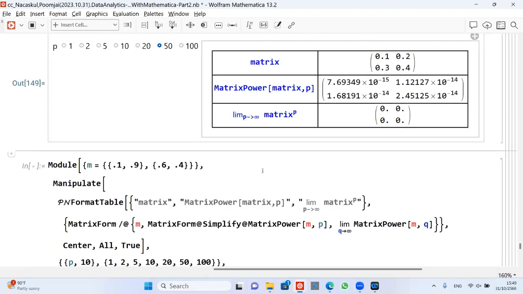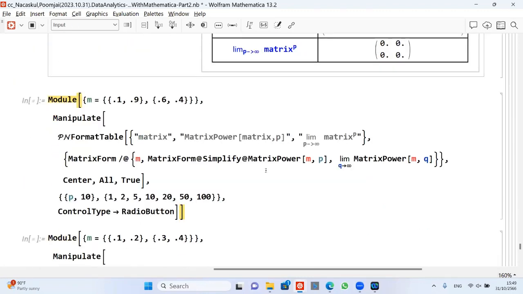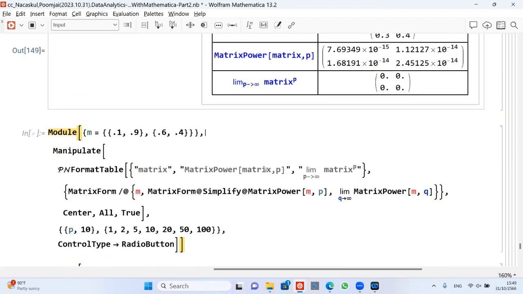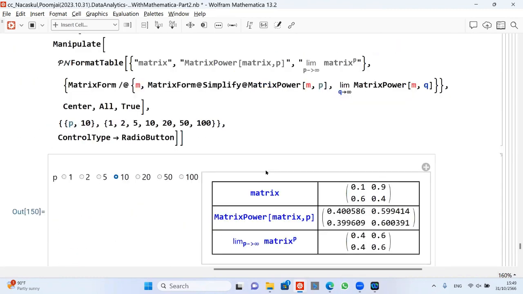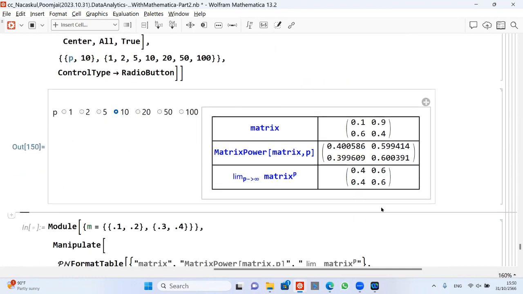But I'll show you something special with this guy. This guy is a special matrix. When I multiply it by itself, it doesn't blow up. And in the limit, going to infinity, it doesn't go to 0. See? In the earlier examples, you either go to 0 or you go to infinity, right? This guy doesn't; in fact, it goes to what's called a steady state.